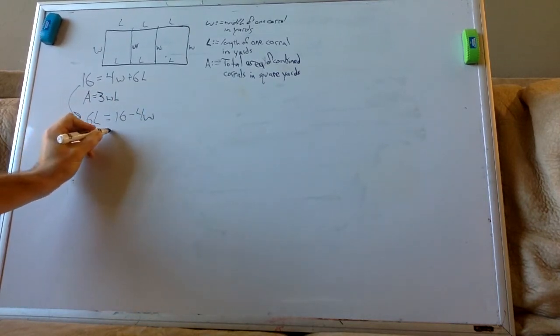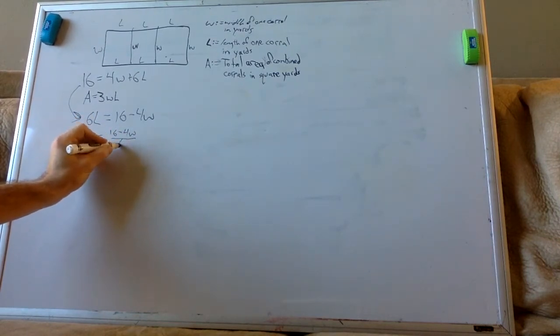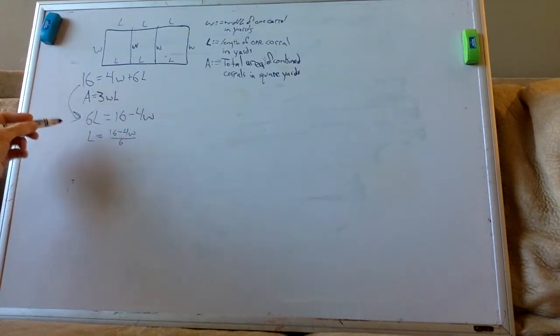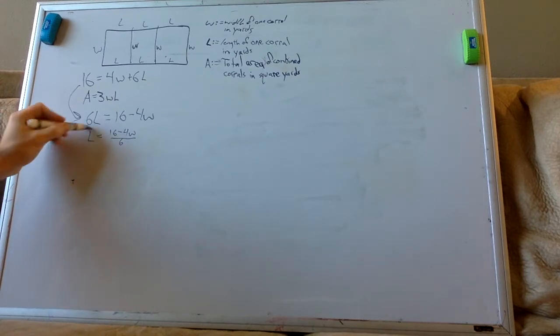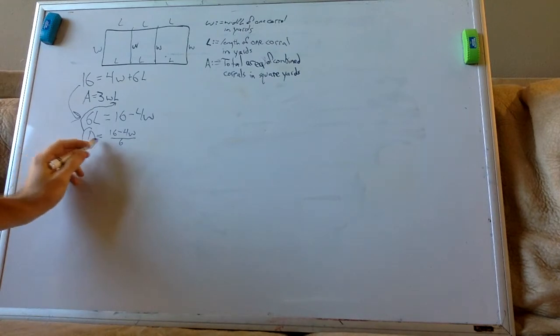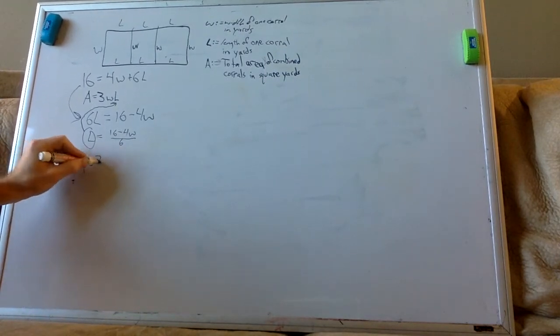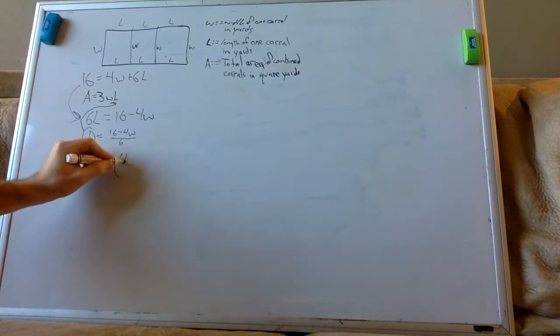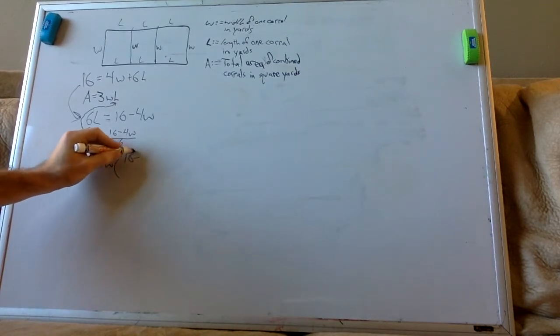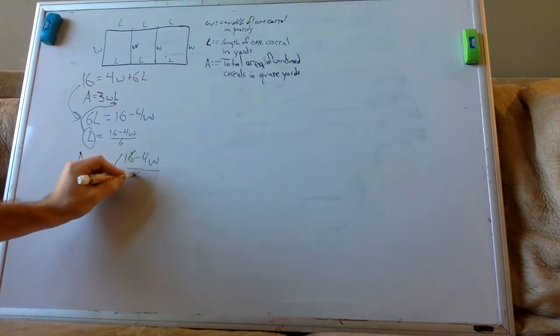And then if I divide, I get L equals 16 minus 4W over 6. And now this L I can take and put in for here. Since these are equivalent, I'll replace them. So I get A equals 3 times W, then times 16 minus 4W over 6.